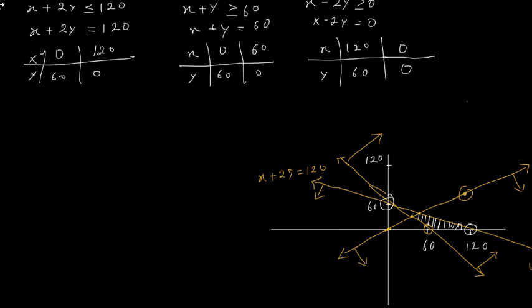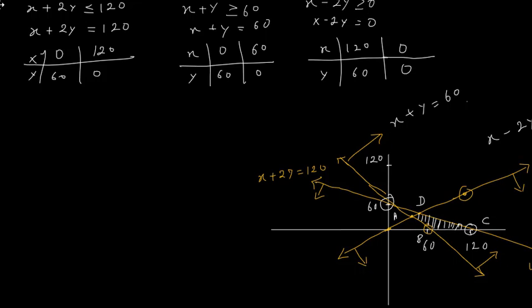I have here point A, point B, point C and point D. Now the coordinate of point A and coordinate of point D can be found by solving this equation. This is x minus 2y is equals to 0, and this equation what we have discussed is x plus y equal to 60.